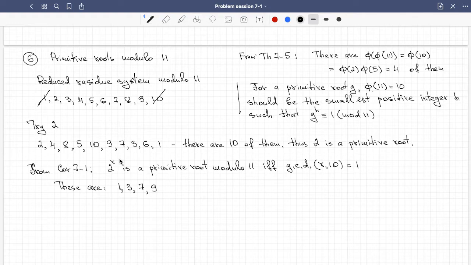For 4 primitive roots. So primitive roots are 2 to the 1, 2 to the 3, 2 to the 7, and 2 to the 9.